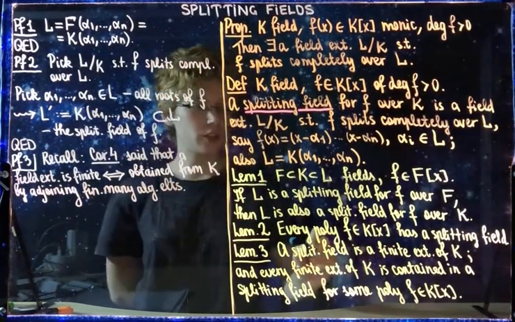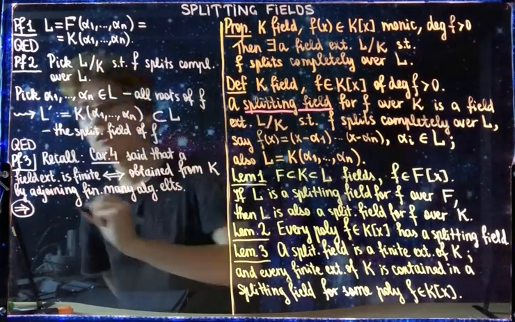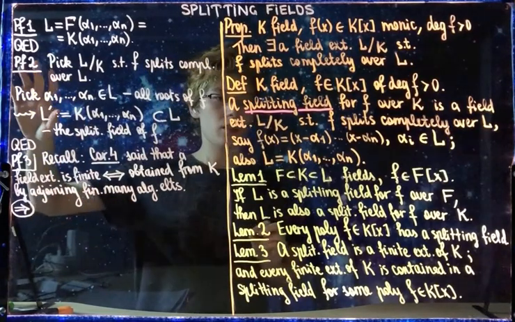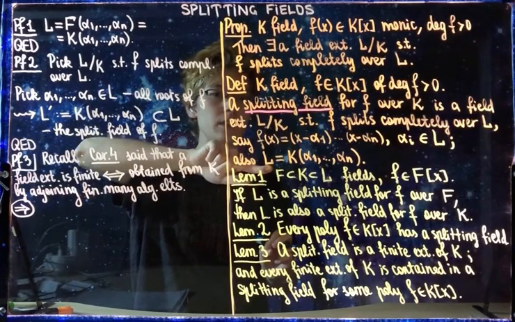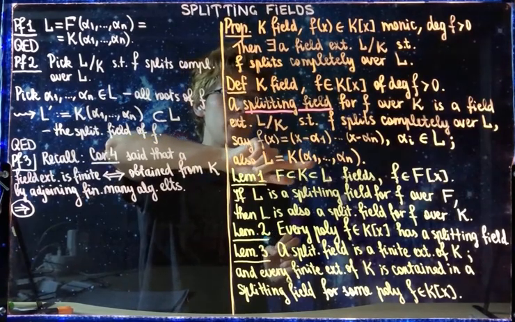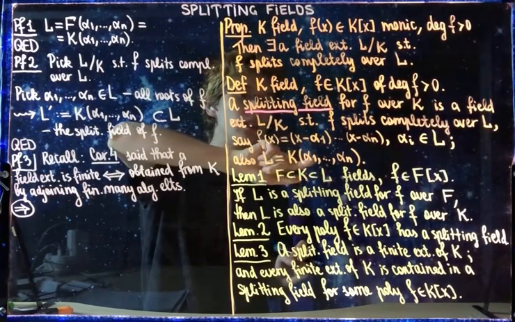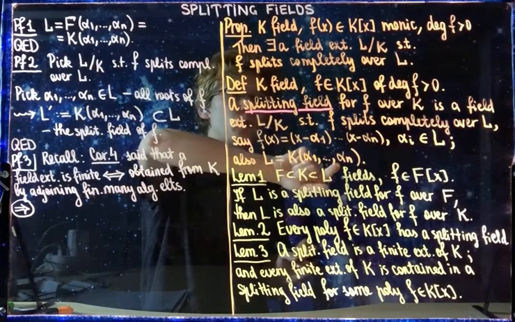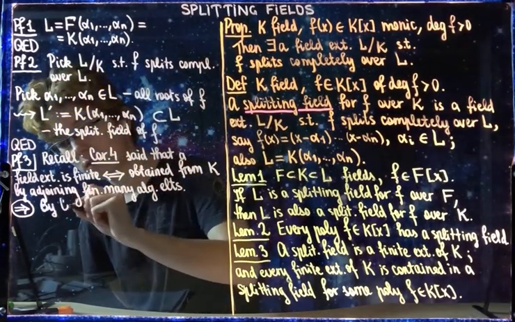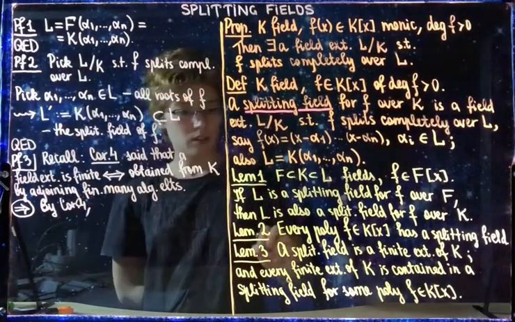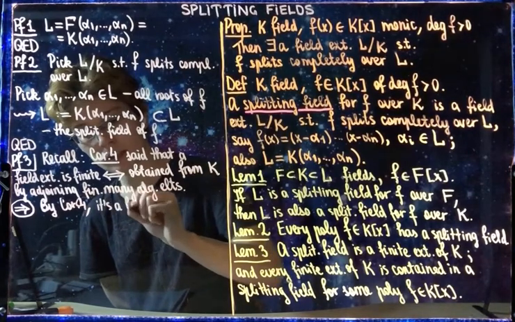So in the forward direction, if we have a splitting field over K, from the definition we know that a splitting field is obtained from K by adjoining the roots alpha 1 through alpha n of some polynomial, and since they are roots, all these elements are algebraic. So by corollary 4, it is a finite extension.